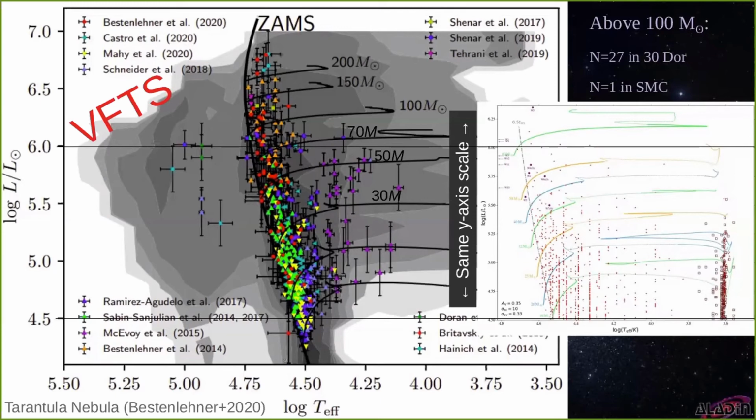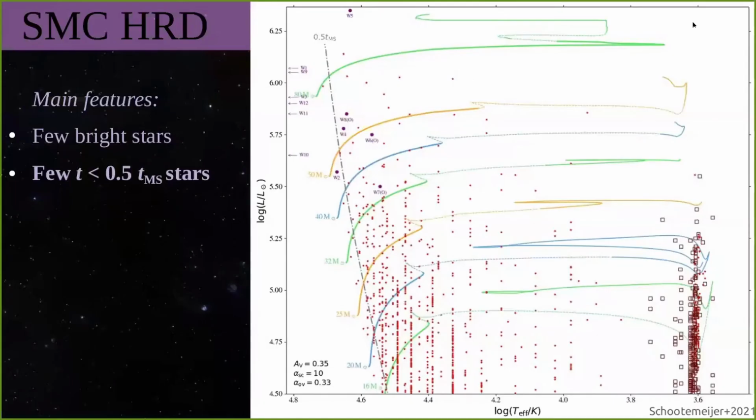And if you count, for example, stars in the subregion of the LMC, there are 27 that are above the 100 solar mass track. Well, we just have one. So in the subregion of the LMC alone, there are many more bright stars, which stands out quite a lot.